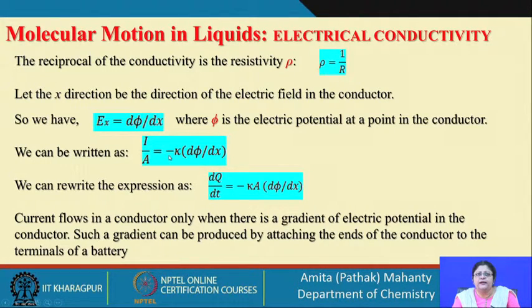Where did we get this expression from? You just have a look. The expression we are getting is a phenomenological expression, where the rate of flow of charge is proportional to the gradient in electrical potential in the conductor. Okay. So, what we have defined?